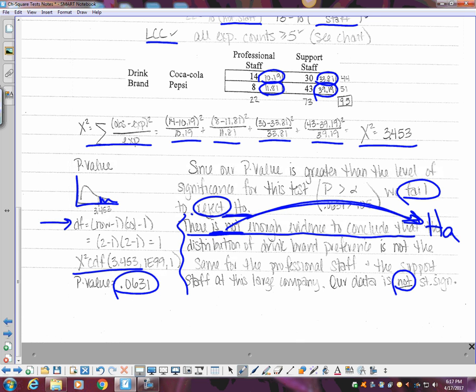And our data is not statistically significant. So again, if you're going to stare at something for this chapter, I would stare at the one-way and the two-way tables, the how many populations, the how many variables, and your null and your alternate statements.